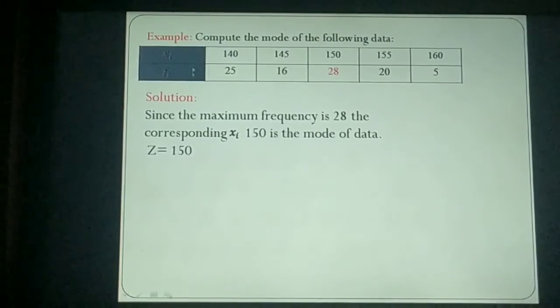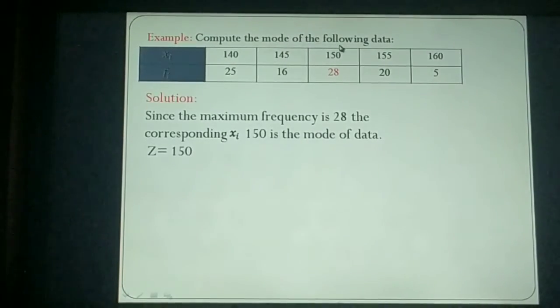Next, compute the mode of the following data: Xi and Fi. Here the class is not given directly, only Xi and Fi, so we cannot use the formula from the previous example. So how can we find it?